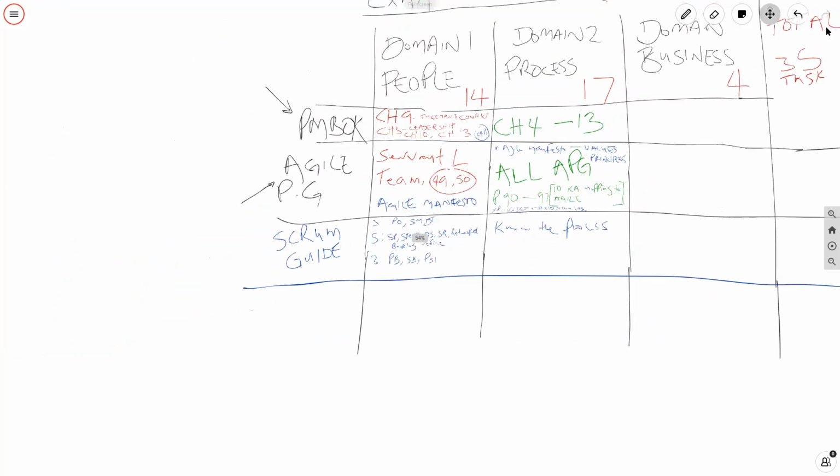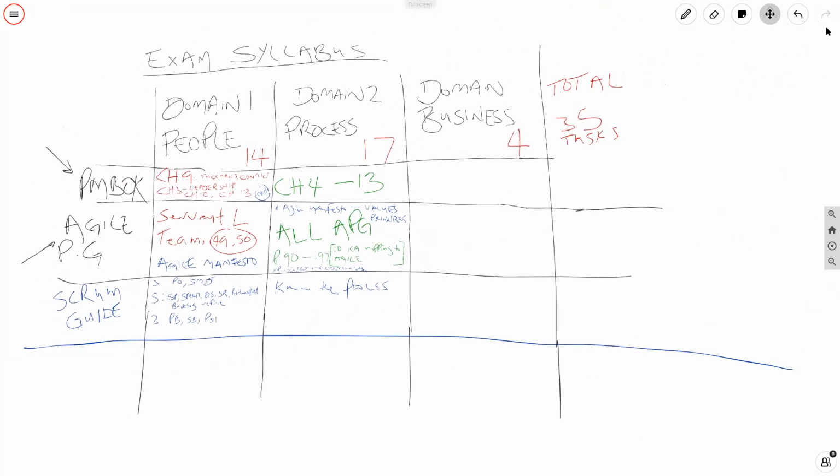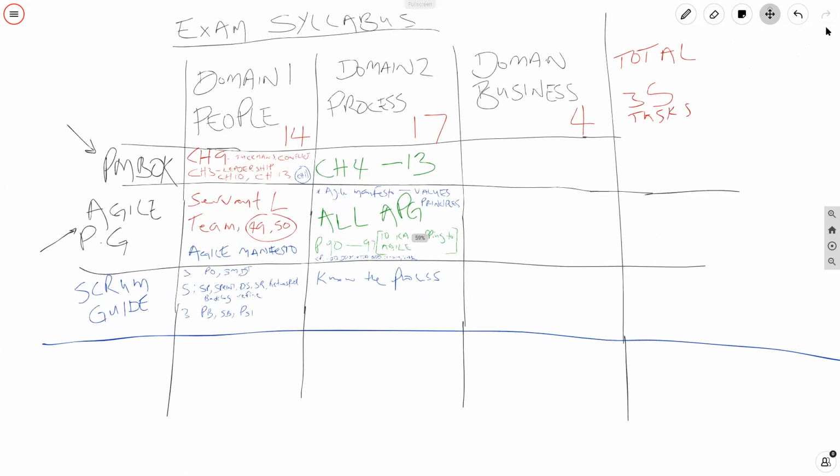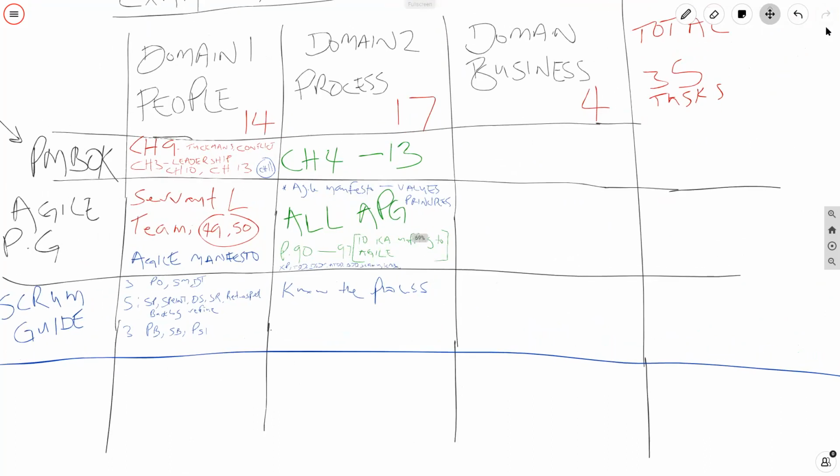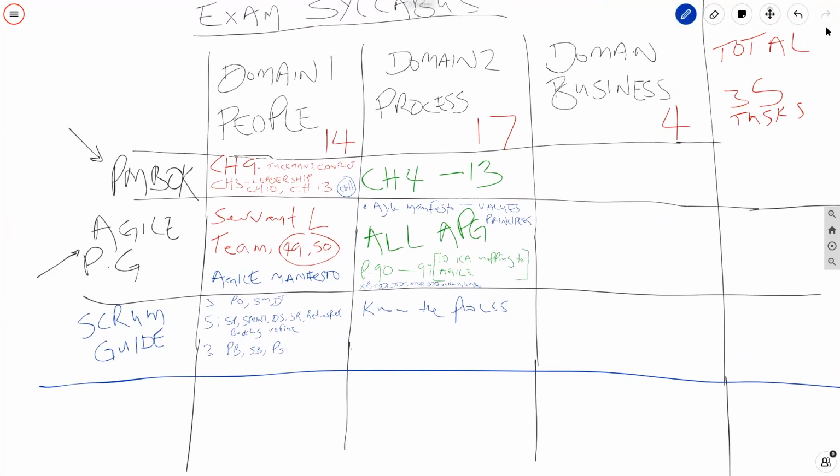All right. When it comes to the business domain, the business domain is not covered in great detail in the PMBOK guide. You got to kind of dig to find the information, but I'll just say chapter 1, which talks about the reasons for authorizing a project. You also have chapter 2, which talks about governance a little bit.